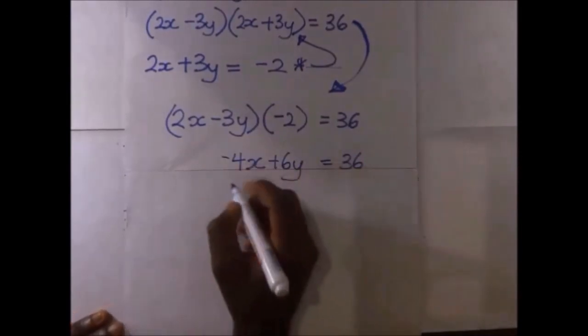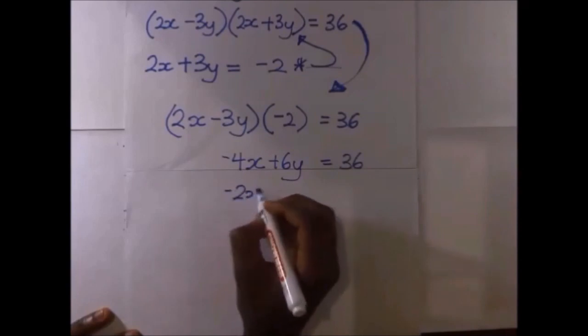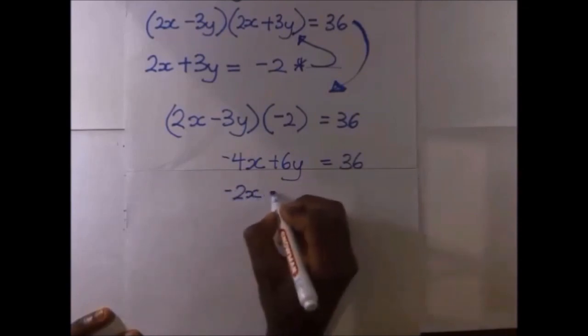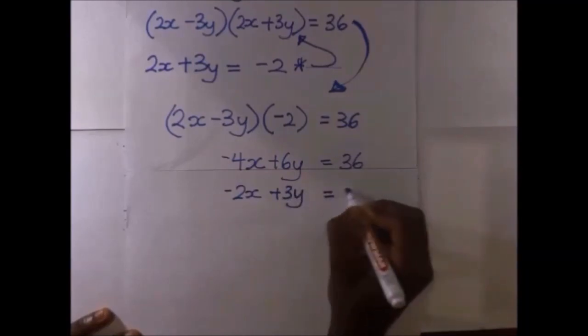So this equation is the same. If you divide through by 2, it's the same as saying negative 2x plus 3y gives us 18.